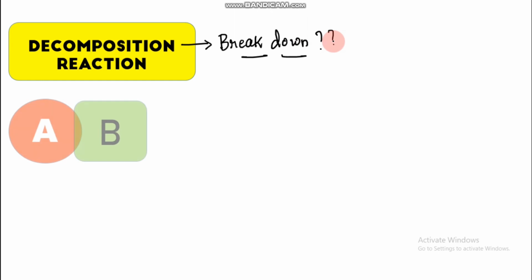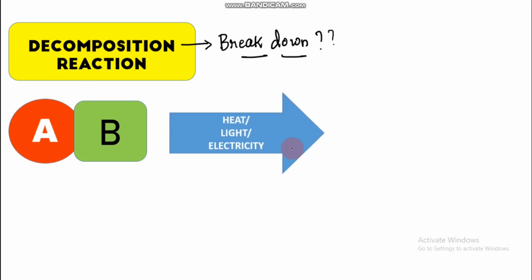Okay, so you can see here there is a compound AB. Now this is going to be the reactant. Now I have to break this compound to produce some new products. So how am I going to break it? It is in the form of heat energy, which we call thermal decomposition, light energy, photolytic decomposition, electricity, that is electrolysis.